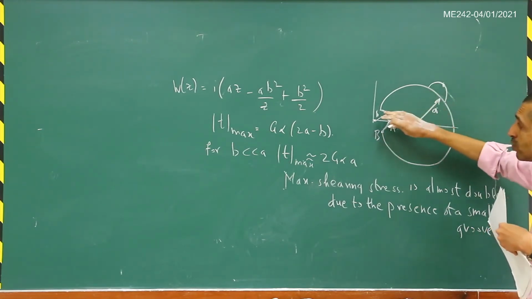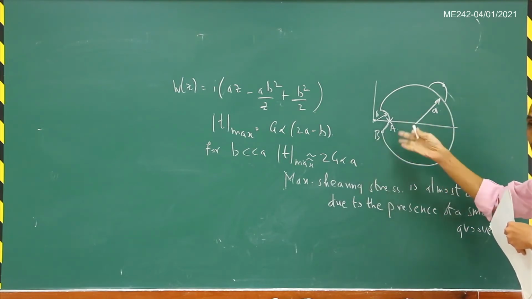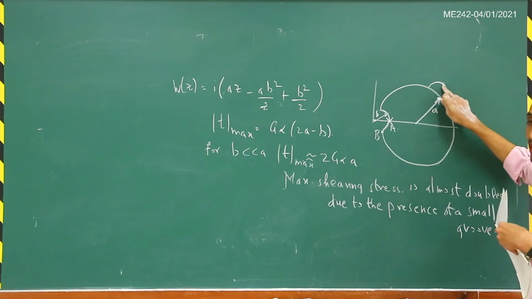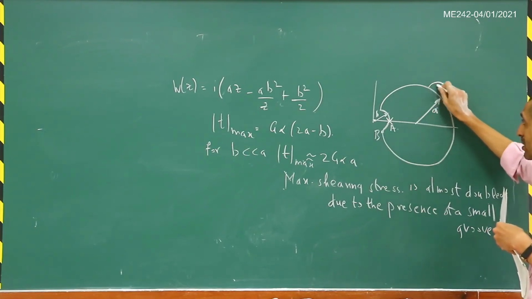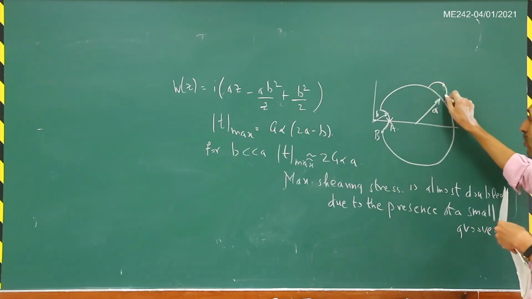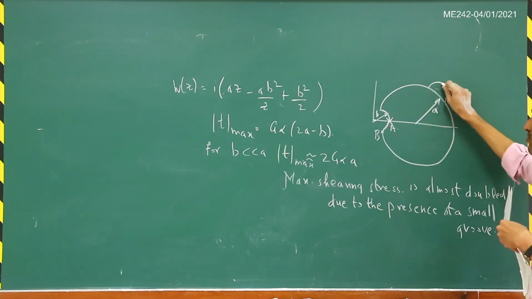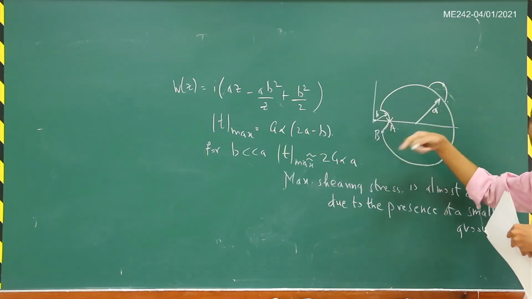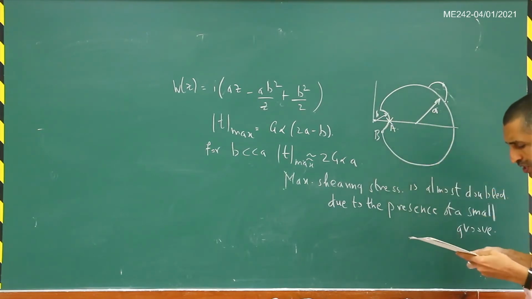It's only when you cut out a portion of the shaft that the stresses go up. If you add a convexity to this shaft, then the stress concentration is normal. But if you remove material, then the stresses go up. So these are some of the things that come out of such analysis here.